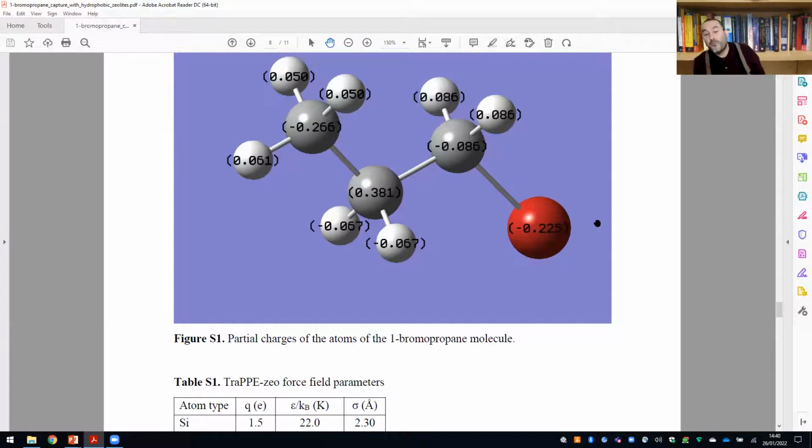We took into consideration 237 zeolites, so to do a quick screening, treating the zeolite as a rigid structure is justifiable, particularly for a screening study and for a small molecule like 1-bromopropane. Okay, thank you for the answers.